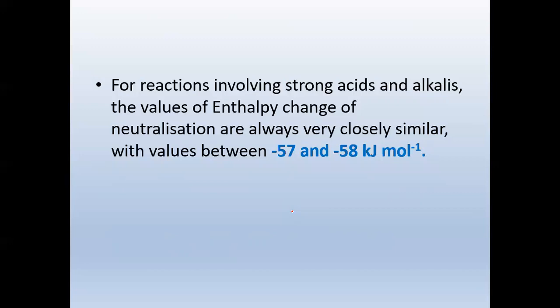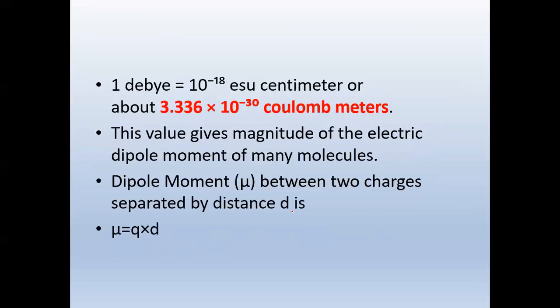In such cases, you could see which value is closest to minus 57 or minus 58 kilojoule per mole, and directly go with that answer, because it is a known fact that for strong acids and alkalis, the enthalpy change of neutralization is always close to minus 57 or minus 58.